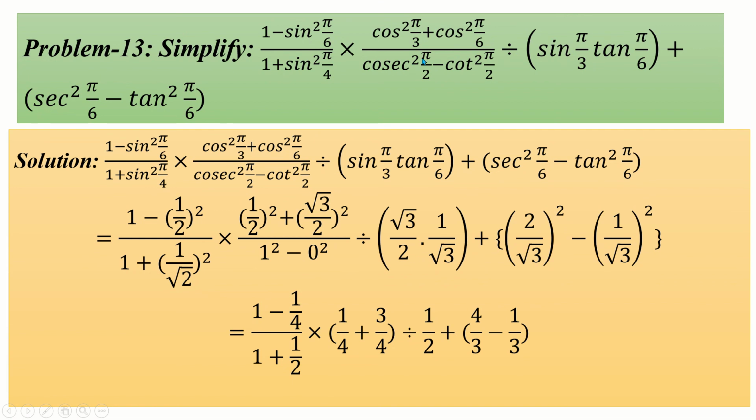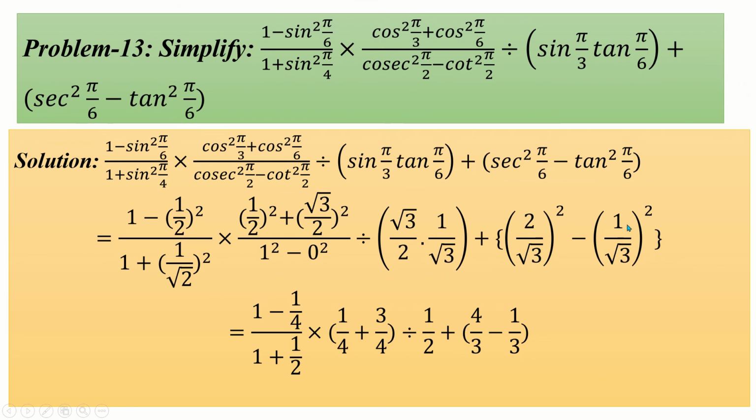Cosec pi by 2, 90 degree, equals 1. Cot 90 degree is 0, divided by root 3 by 2. Pi by 3 means 60 degree. Pi by 6 means 30 degree, tan 30 degree value 1 by root 3, plus here will be sec square pi by 6. Sec 30 degree means 2 by root 3, minus tan square pi by 6.